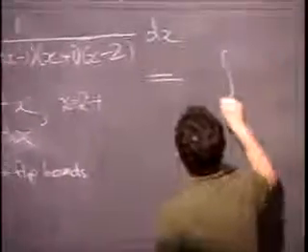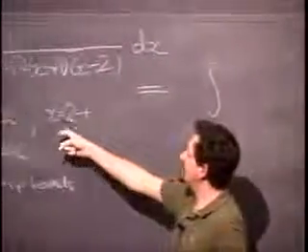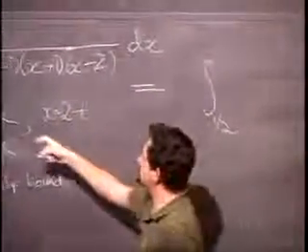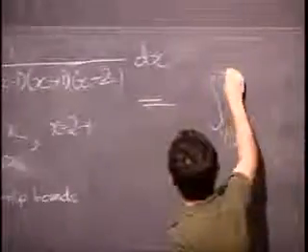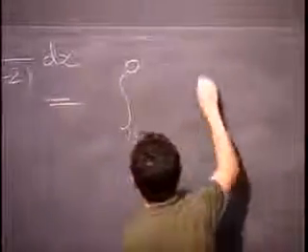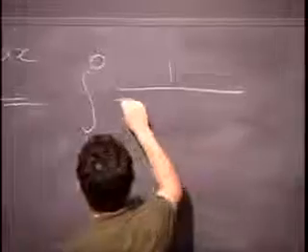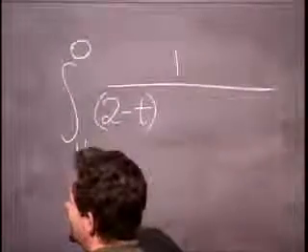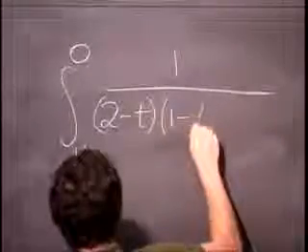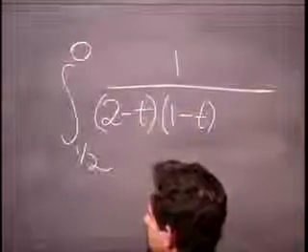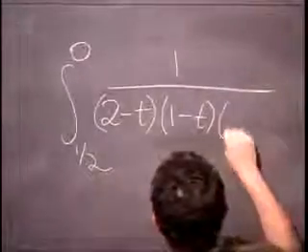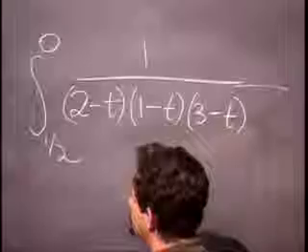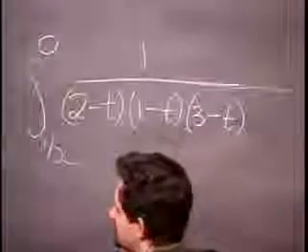So this integral in t land: when x equals 3/2, t is 1/2, and when x equals 2, t is 0. And I have 1 over, x is 2 minus t, x minus 1 is 1 minus t, x plus 1 is 3 minus t, and x minus 2 is negative t.